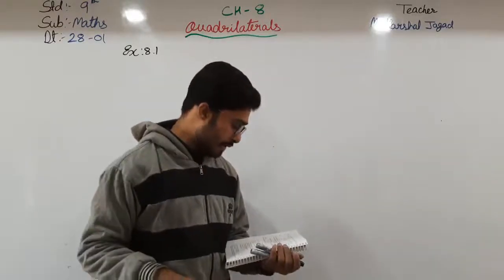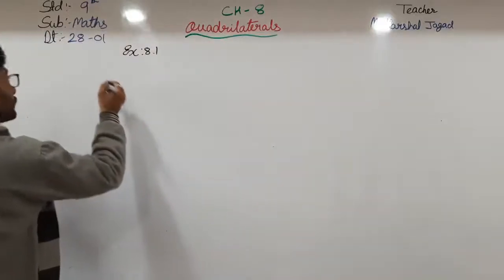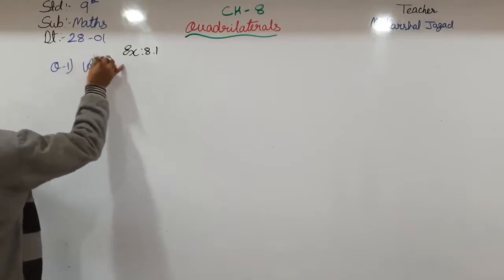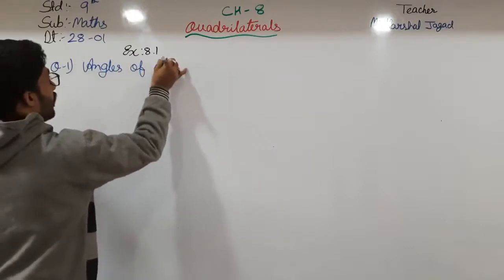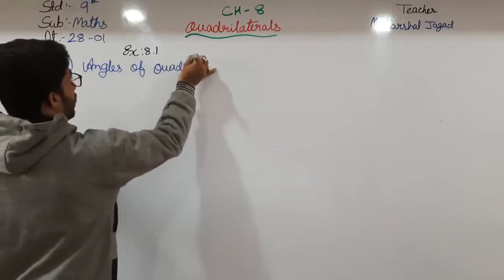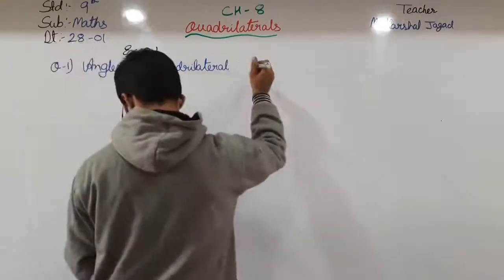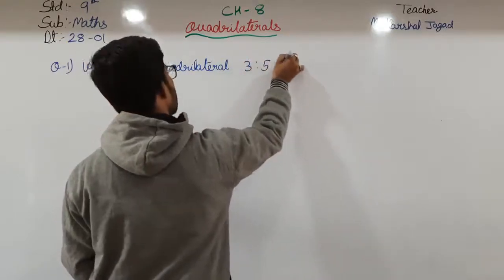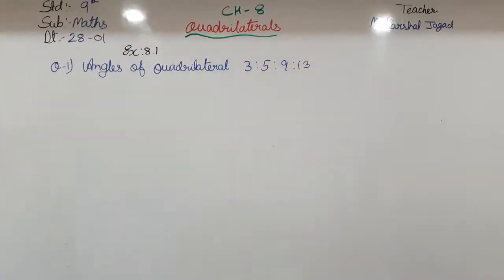Find all the angles of the quadrilateral. So the angles of the quadrilateral are in the ratio 3:5:9:13, and we have to find each angle of the quadrilateral.